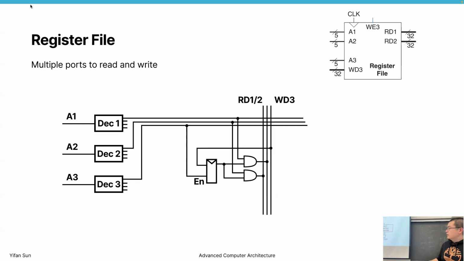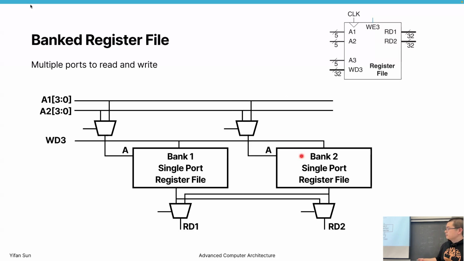What they do is they do something like this. So they have banks. This bank is a single port register file. Now you can either read or write into a bank. Okay, so but we can have multiple banks.